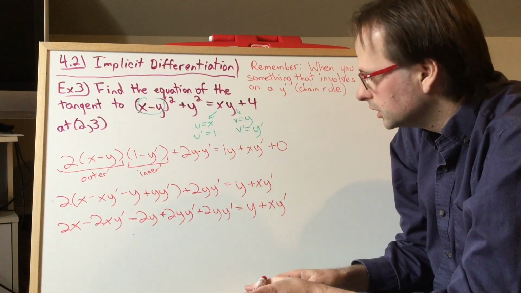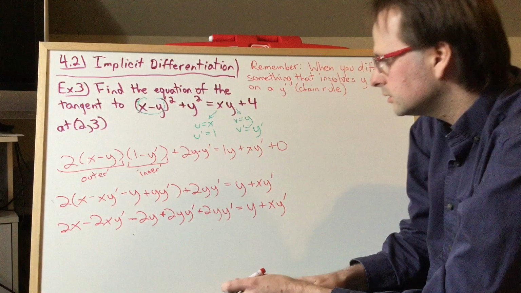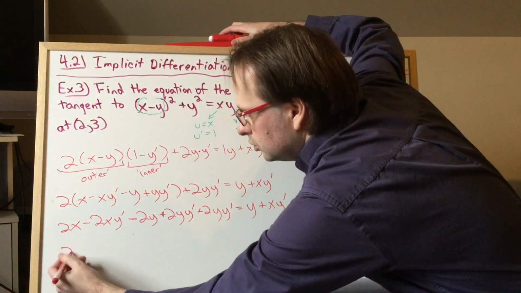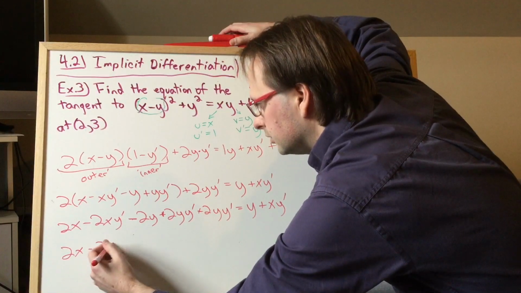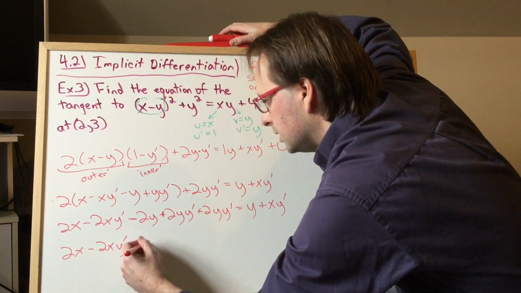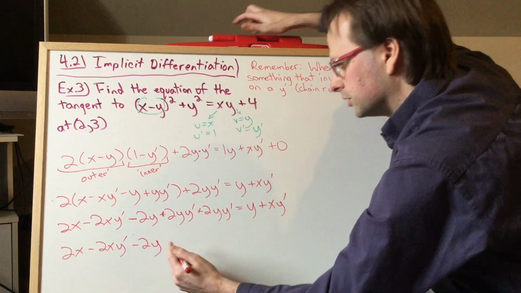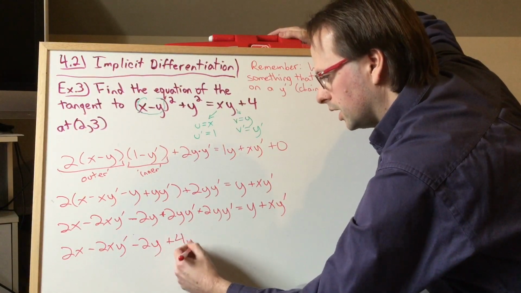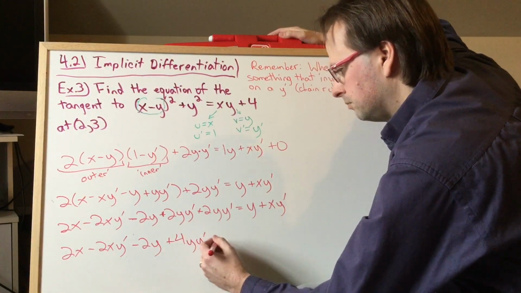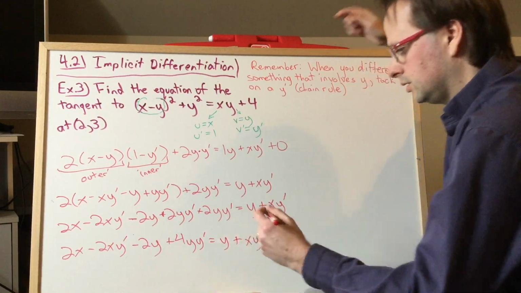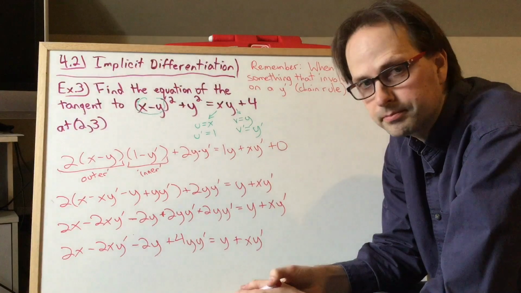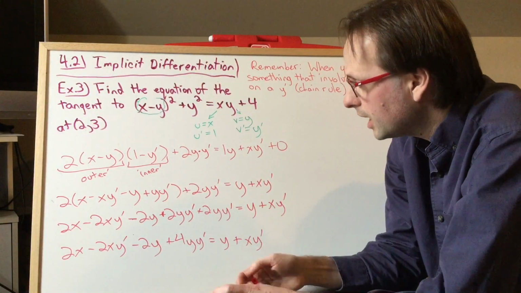Okay, maybe there are some like terms that I can collect. I don't know, let's see. 2x minus 2xy prime minus 2y. Oh, these are the same. So 4y y prime equals y plus xy prime.